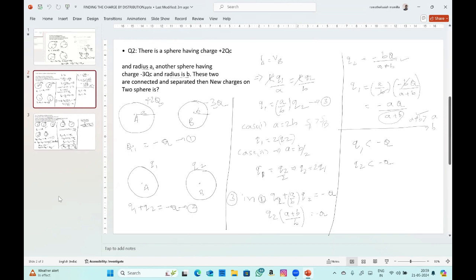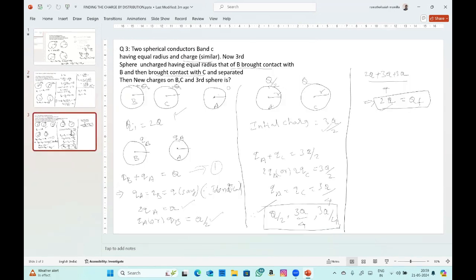So coming to the third model. Here you can see I have taken three identical spherical spheres. Why three identical spheres? To make it an easy problem. B and C initially have the same charge, similarly they have given, that's why I have taken plus Q and plus Q. You can take whatever charges here.